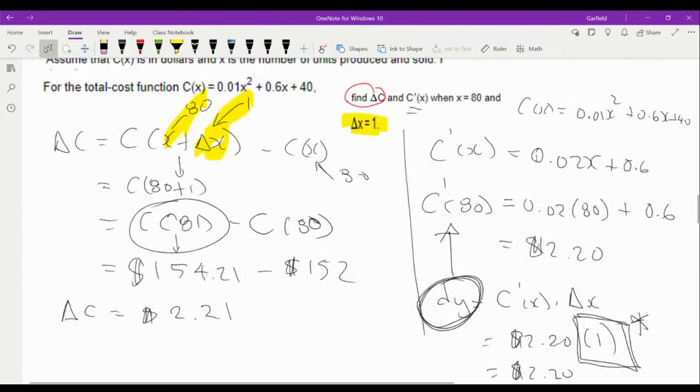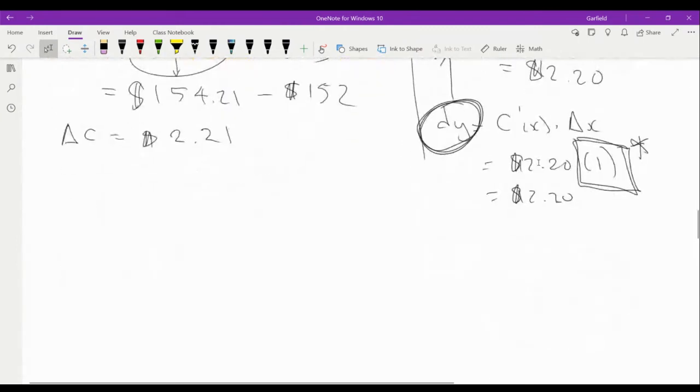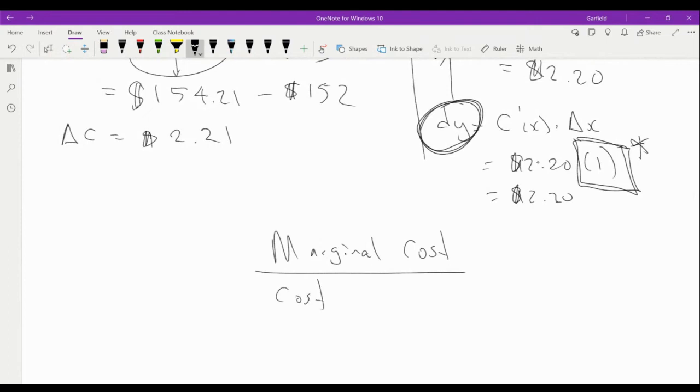And this is what is known as a marginal cost, right? The cost of increasing production by 1 unit.